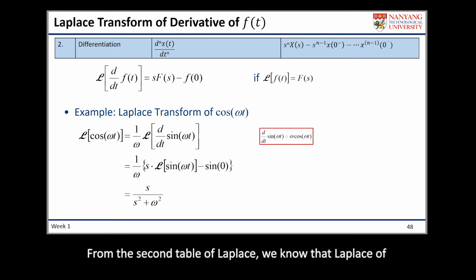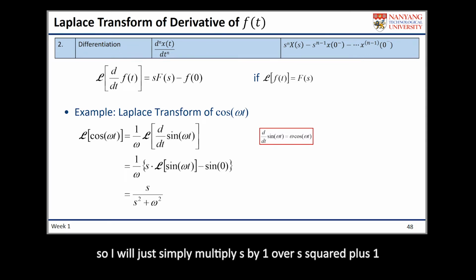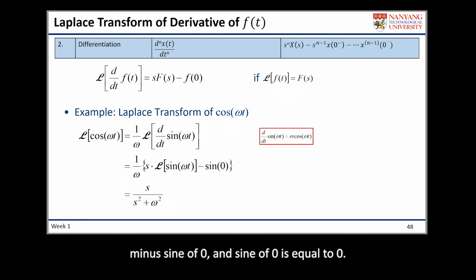From the second table of Laplace, we know that the Laplace of sine t is equal to 1 over s squared plus 1. So I can replace the term Laplace of sine t with 1 over s squared plus 1. I will just simply multiply s by 1 over s squared plus 1, minus sine of 0. And sine of 0 is equal to 0.